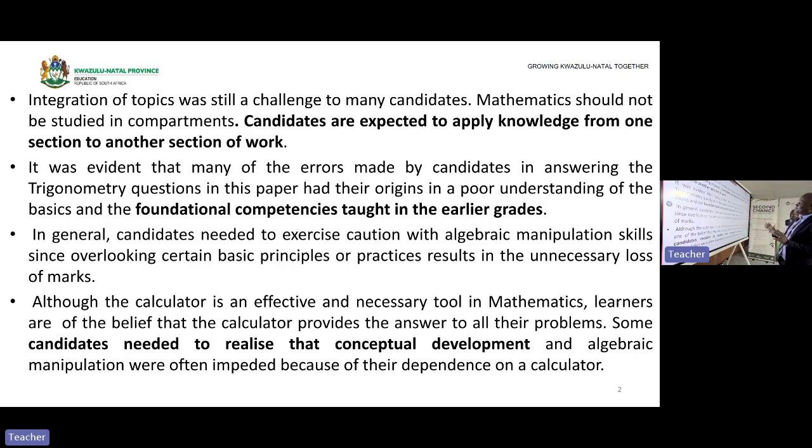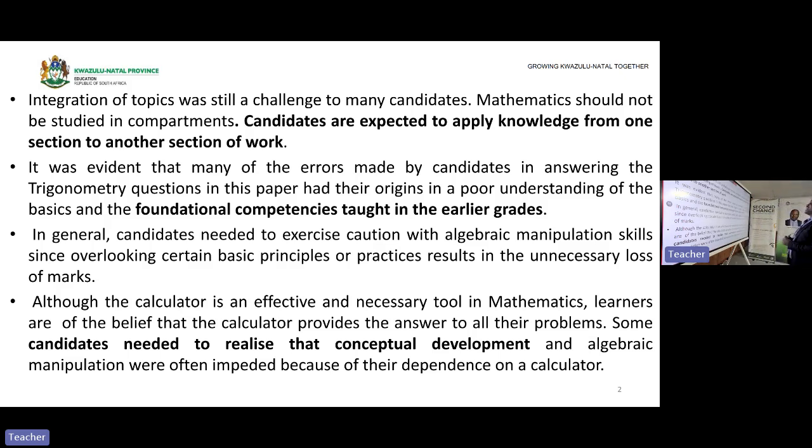Hence, we are expected to apply the knowledge across, what they call an interdisciplinary approach in learning. I used to say there is a king of mathematics, which is algebra. So everything that we do mathematically, we are applying algebra.